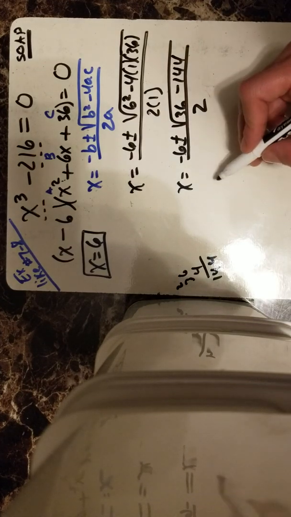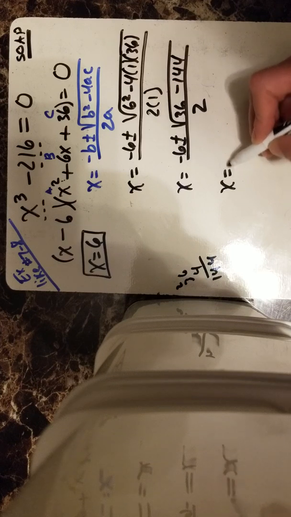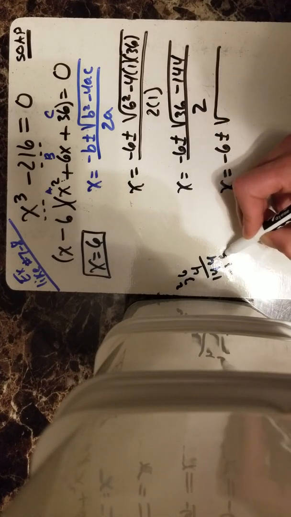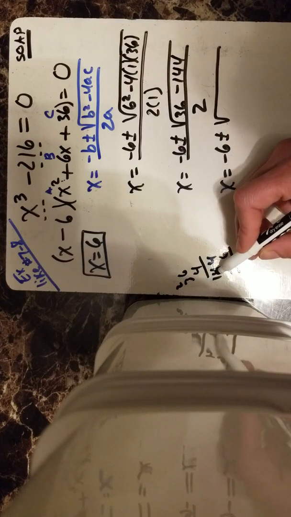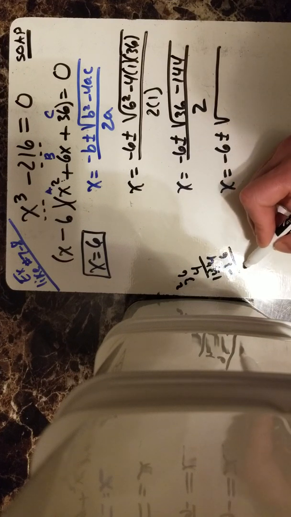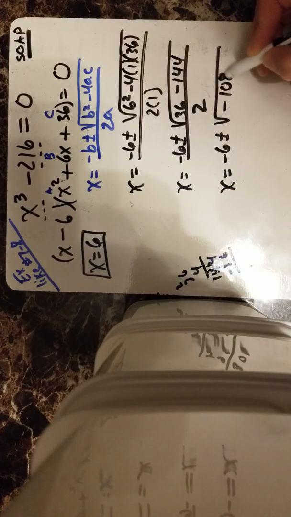Okay, and then I need to subtract those. Negative 6 plus or minus the square root of 36 minus 144 gives me negative 108.